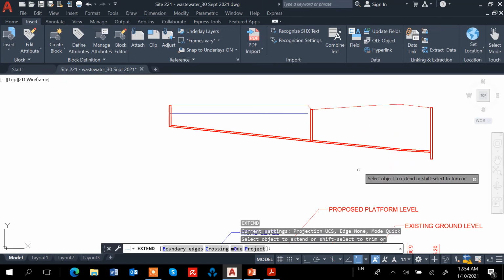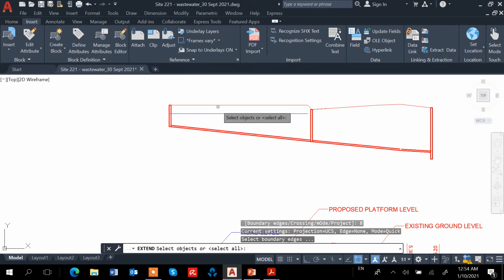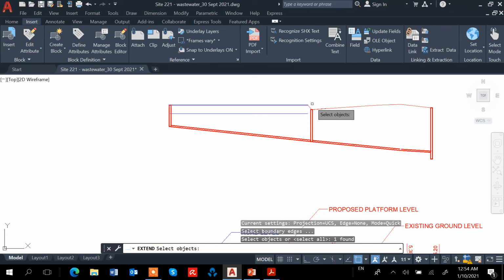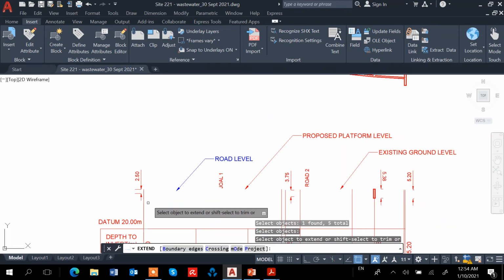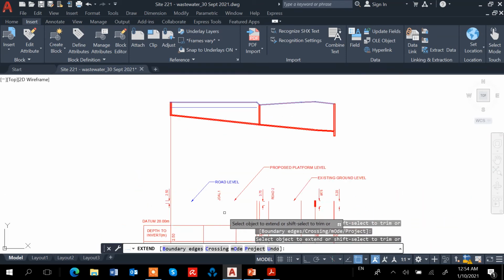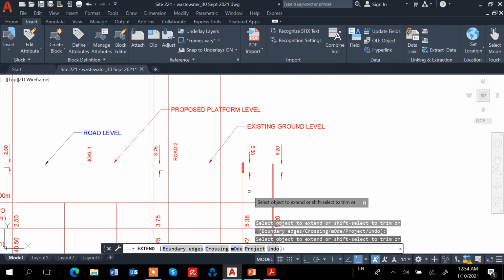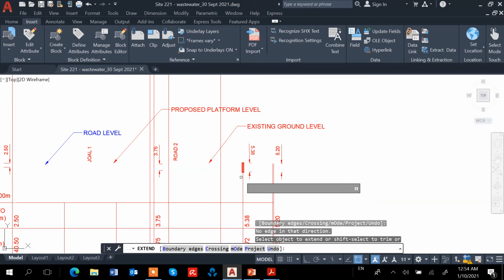I need to do the boundary to the top here. Okay, enter. And then I just click this line. Oh, I missed out one.